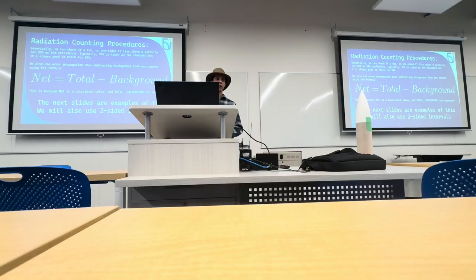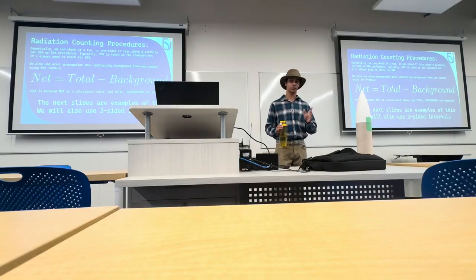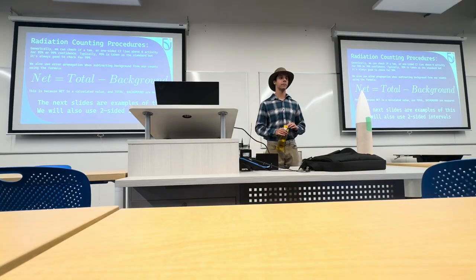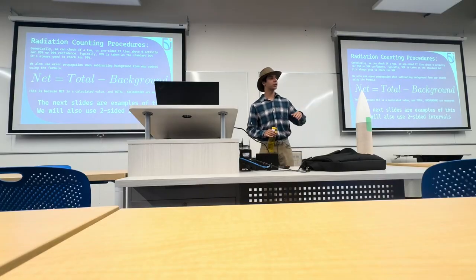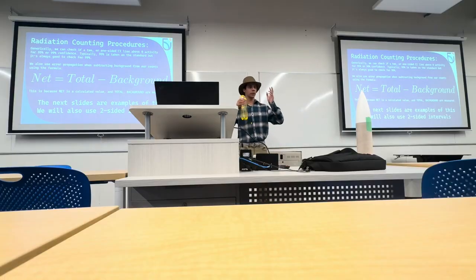So you take 5 measurements, background, background, background, background, background. Then you take total, total, total, total, total. Because you're not taking them at exactly the same time, and you want to use the same detector, of course, to make sure everything is the same, those fluctuations aren't going to correlate with each other.